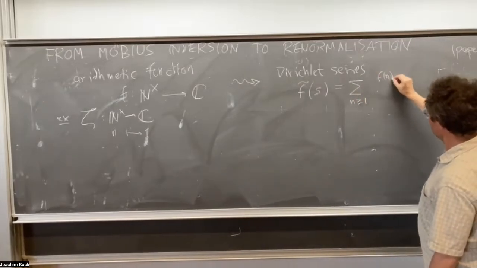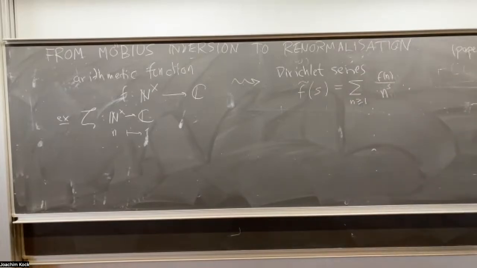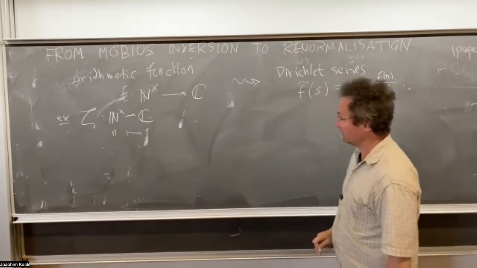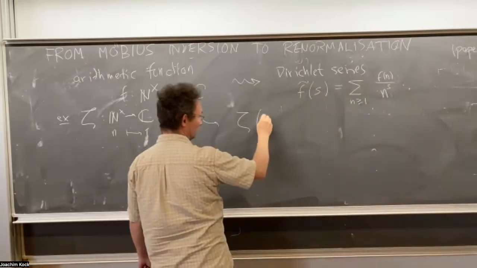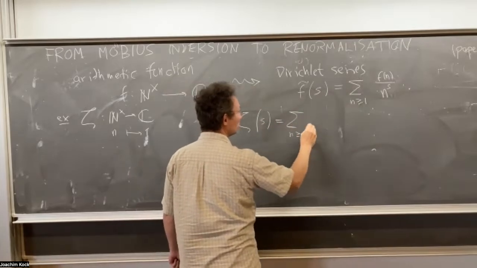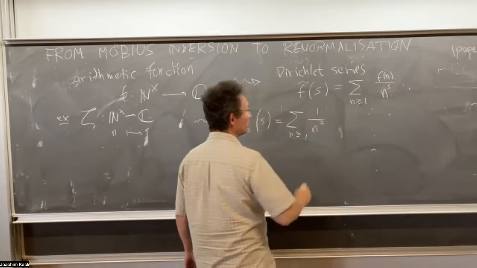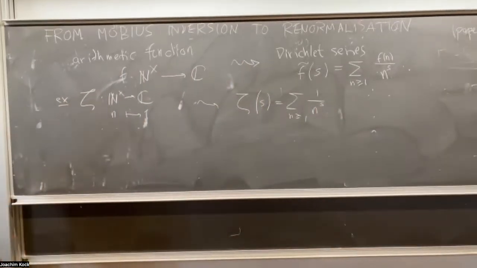Then you put the coefficient here, and then you have this thing here. That's the Dirichlet series, and you can see that if you take the zeta function, you get Riemann's zeta function. It's just 1, like this.